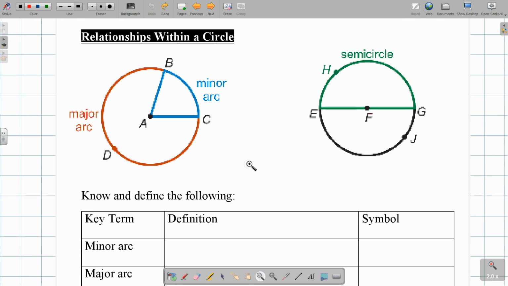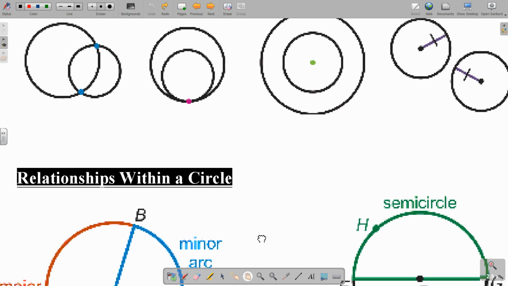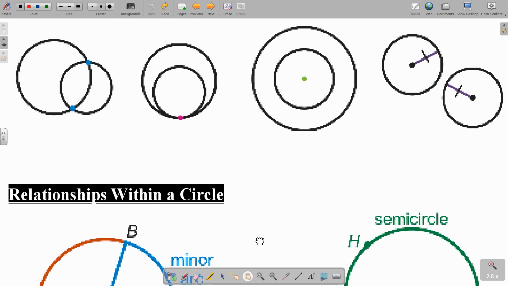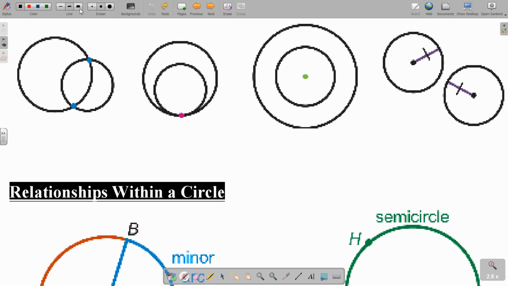Okay, we need to talk about relationships within circles.